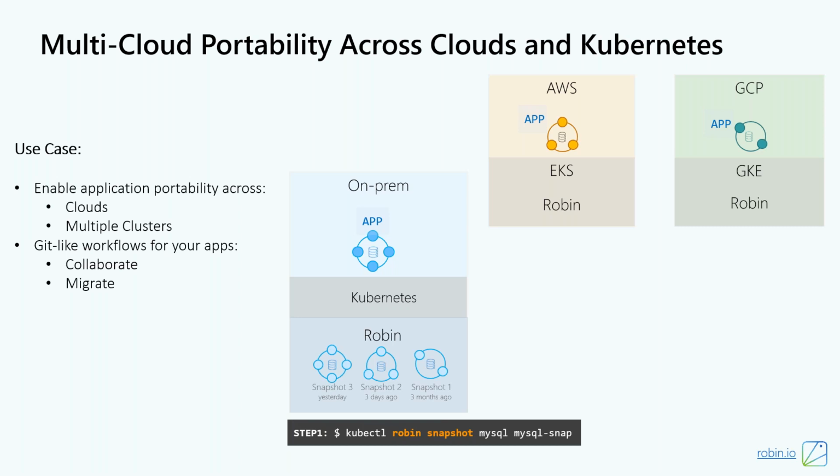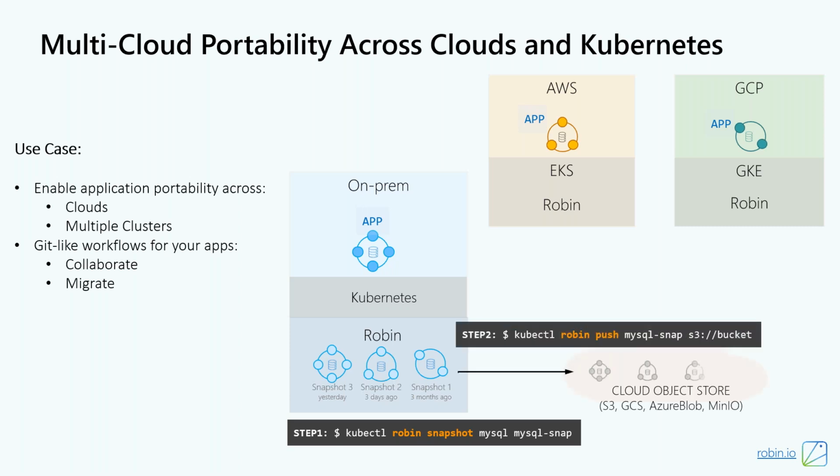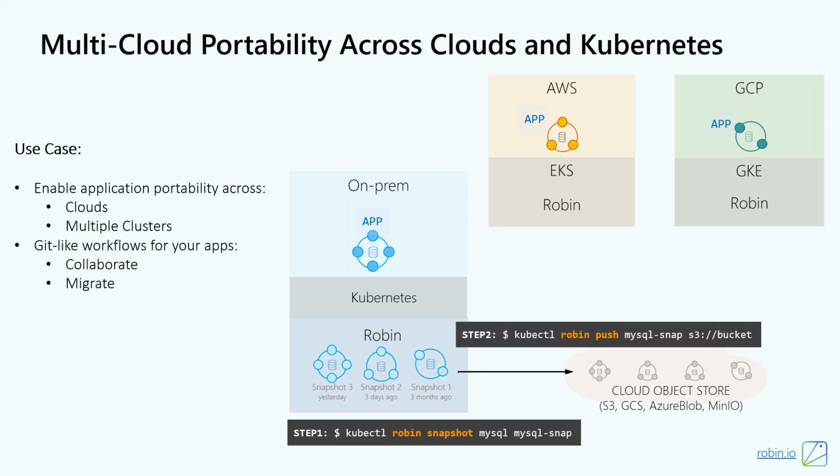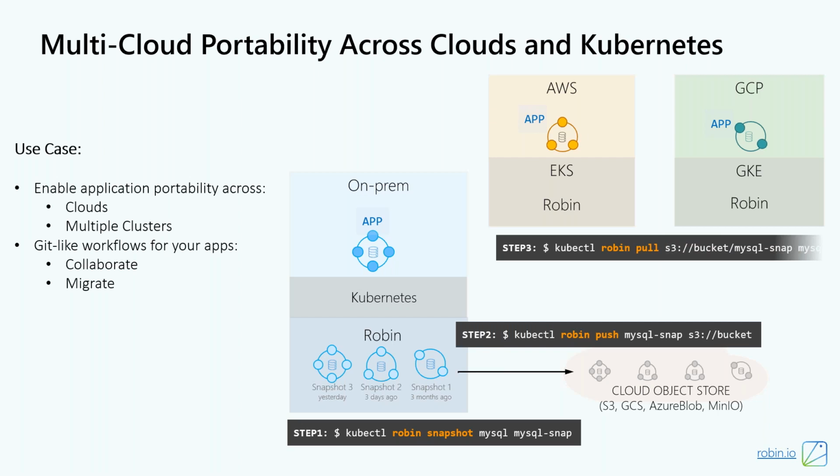Once again, it starts with snapshot because you have to capture the correct state of the stateful application. And then you actually push the snapshot to a common cloud object store, which we call a backup repository, right? So here you can store all of your backups. And all the authorized users now can access this repository and pick a backup and say, I want to restore this backup in its entirety on a target Kubernetes cluster.